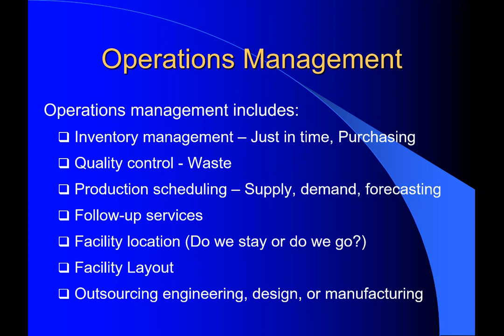Here we look at supply, demand, and forecasting. So remember, for scheduling your operations or your production, you're trying to meet the demand of the commodity, and therefore you want to make sure that you're producing enough to meet the demand. So to make this possible, you also have to look at the supply side.